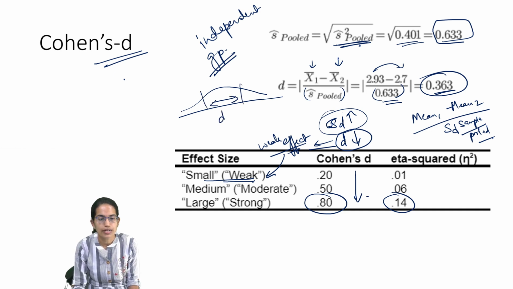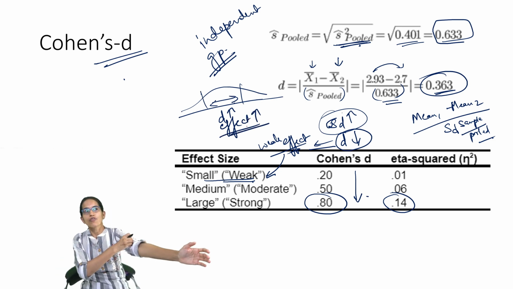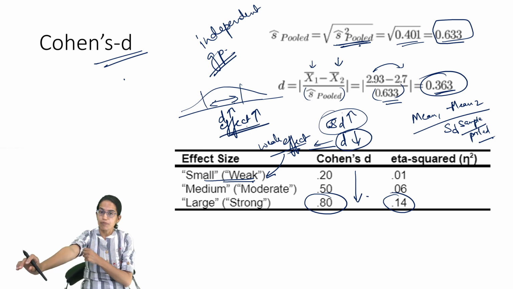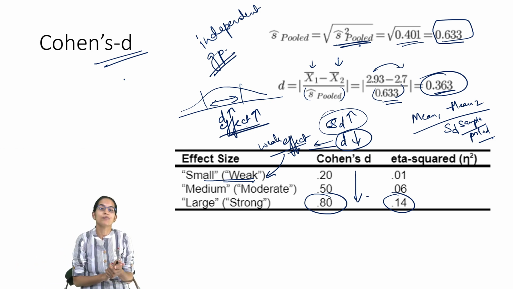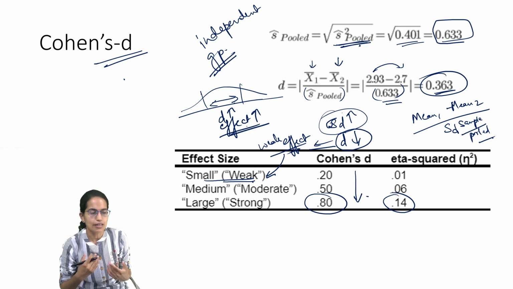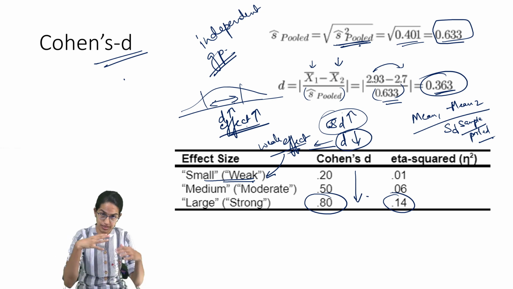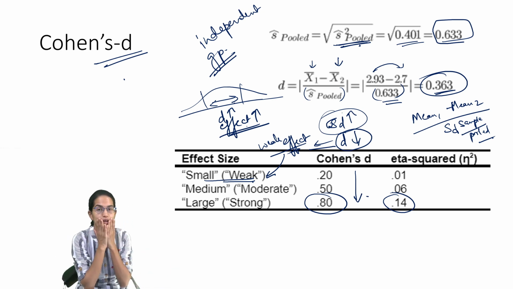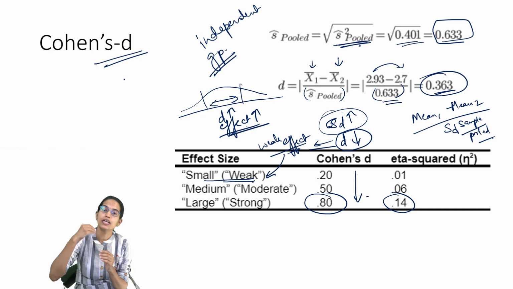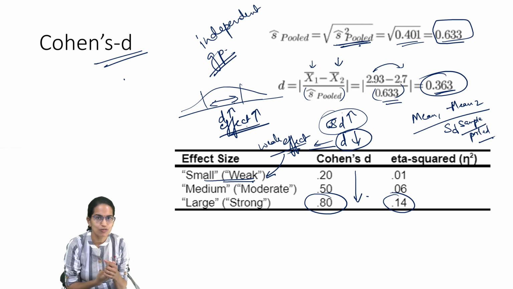That means my d value would be higher and the effect would be higher. That means more of the variance in the dependent variable could be attributed to the independent variable. That means I can say the changes seen in the dependent variable can be attributed to the independent variable, and that's what I was trying to make you understand.